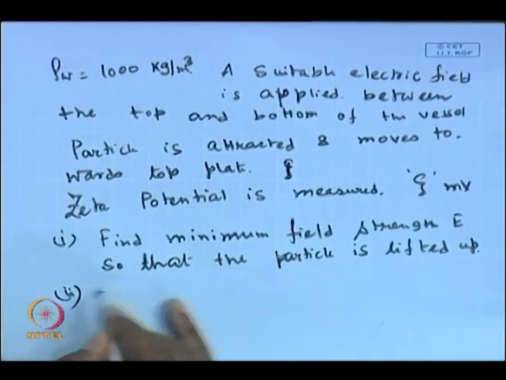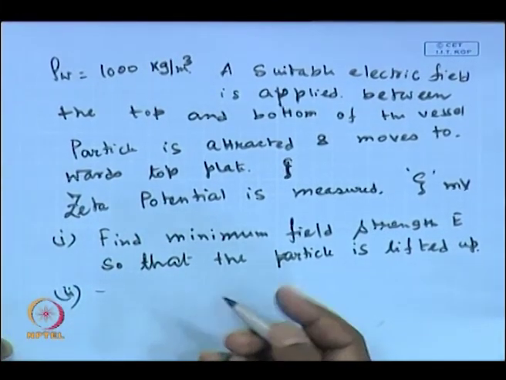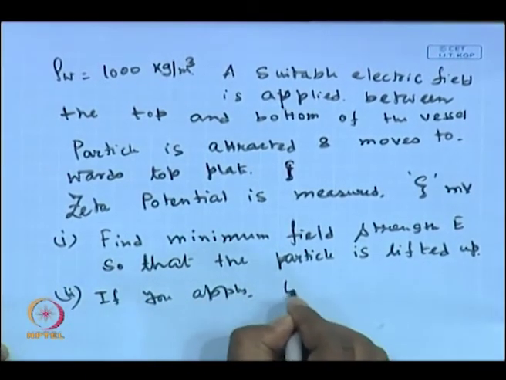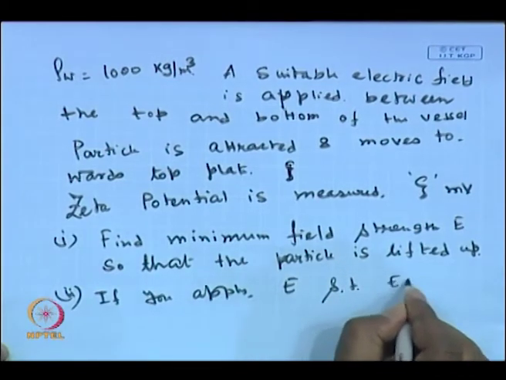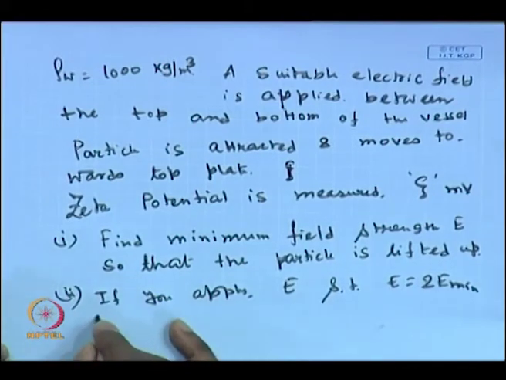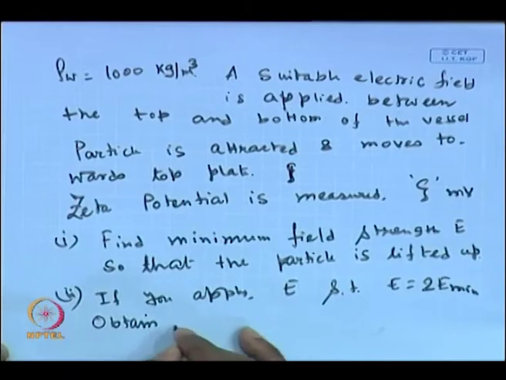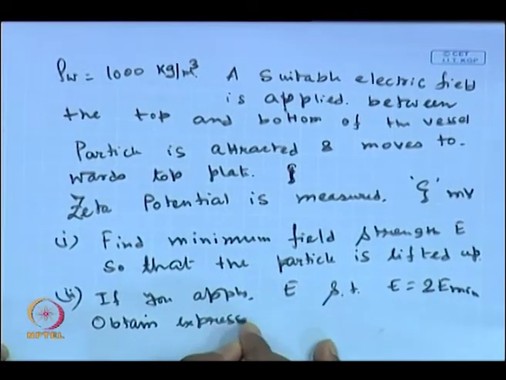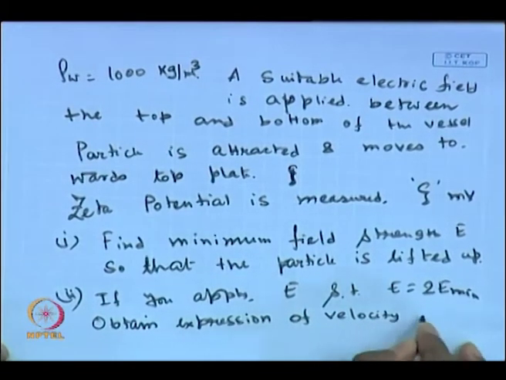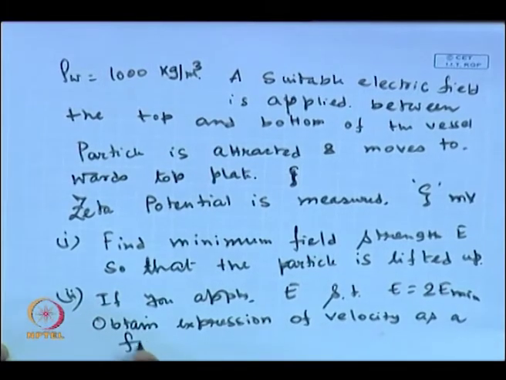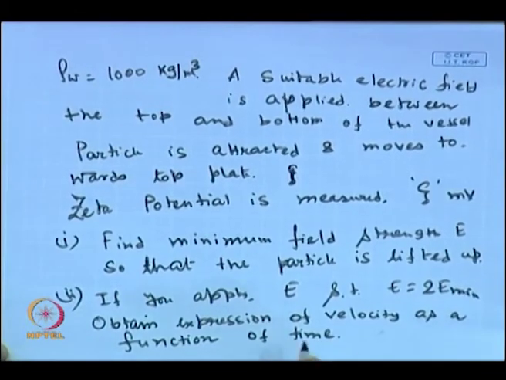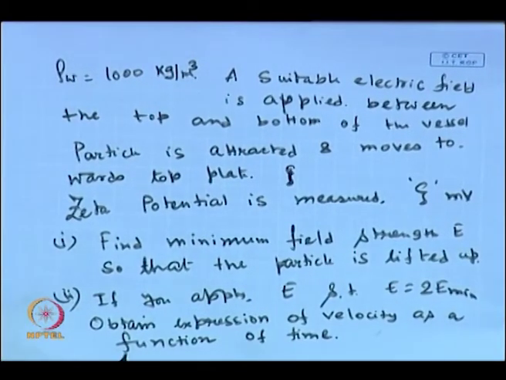Now, if you apply a field strength E such that E is twice E minimum, then obtain the expression of velocity as a function of time.